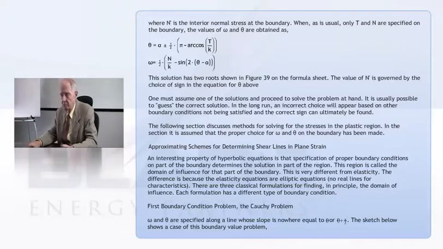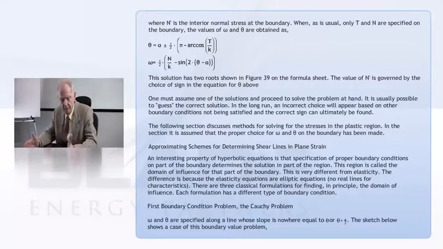If you've had a differential equations course, you're probably familiar with this anyway. The first problem is called the Cauchy problem, and I wouldn't begin to tell you what Cauchy did. It's just too embarrassing that someone that long ago was that smart. The way that works is this is the way the problem is being specified, is you're given a line on which the shear line properties are given.